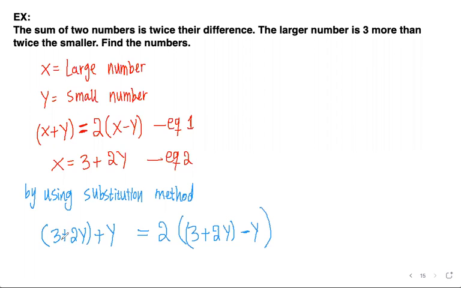Okay, let me simplify. So I get here 3 plus 3y equal 2 times, and before I distribute it, I'm going to simplify inside: 3 plus y.